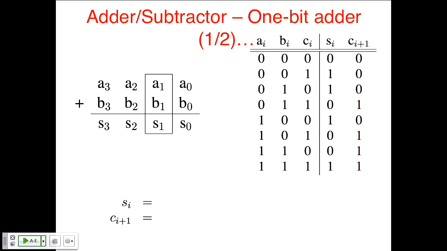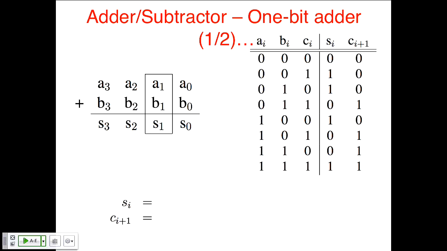So there's one 1 here, one 1 here, there are 2 1s here, so it's 0 plus the carry out. There's one 1 here, 2 1s, 2 1s, and finally this last row, all 3 are 1. So 1 plus 1 plus 1 is 3, right? So sum 1, carry out a 1, okay? So that's 3 in binary, right? The carry out of that bit position goes to the next bit position.